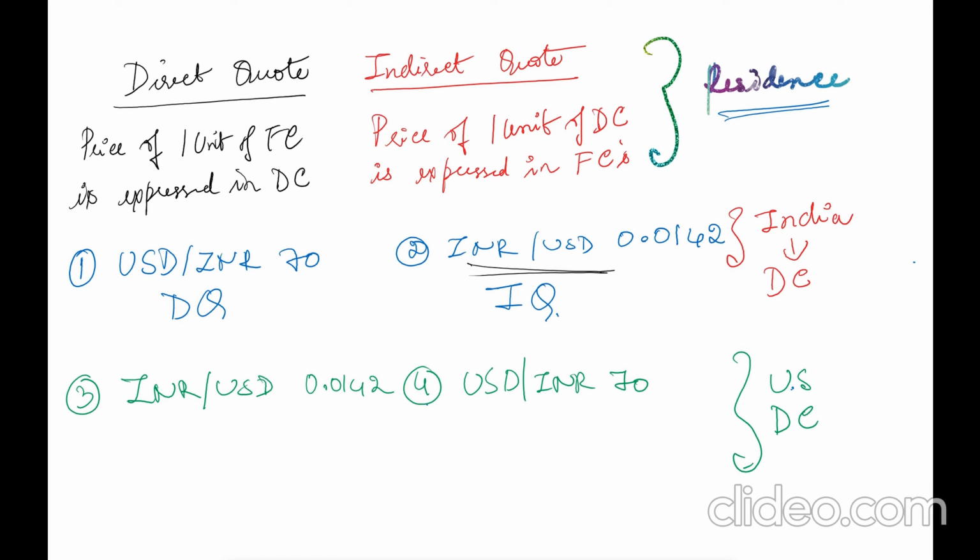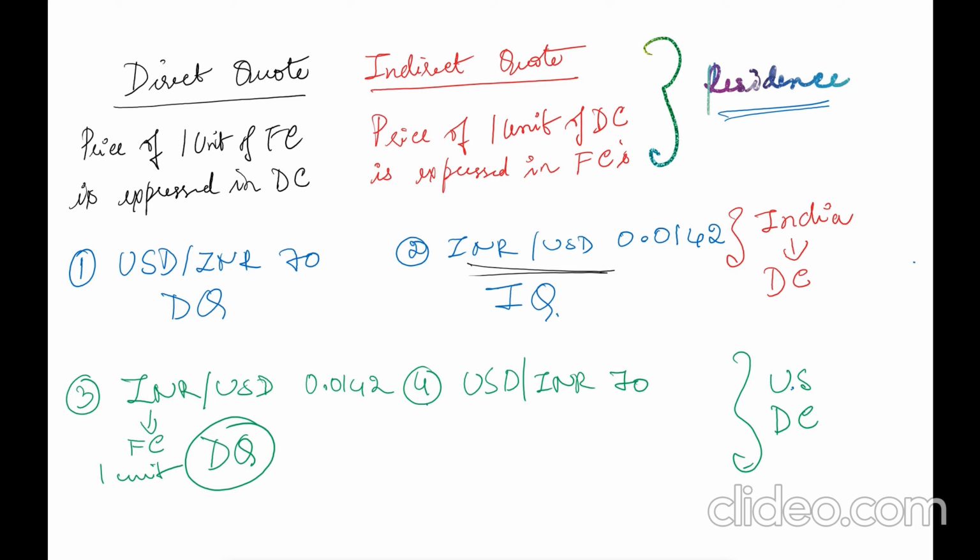0.0142. If US is your domestic currency, then INR becomes your foreign currency, and it is in the base position, and it is expressed in 1 unit. 1 unit of foreign currency expressed in domestic currencies will be a direct quote. Therefore, INR USD is a direct quote for US.